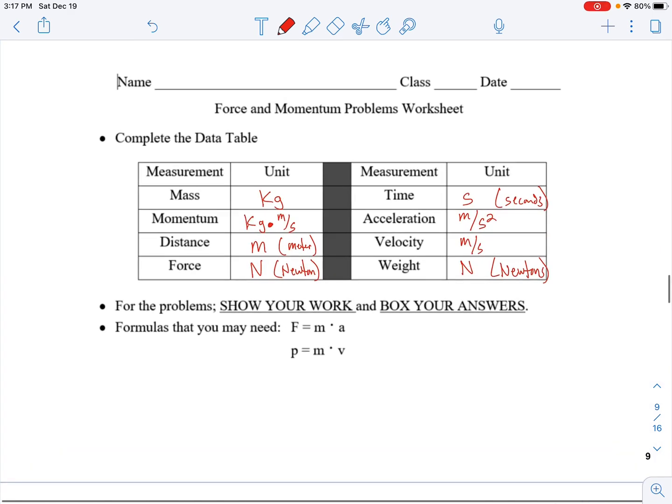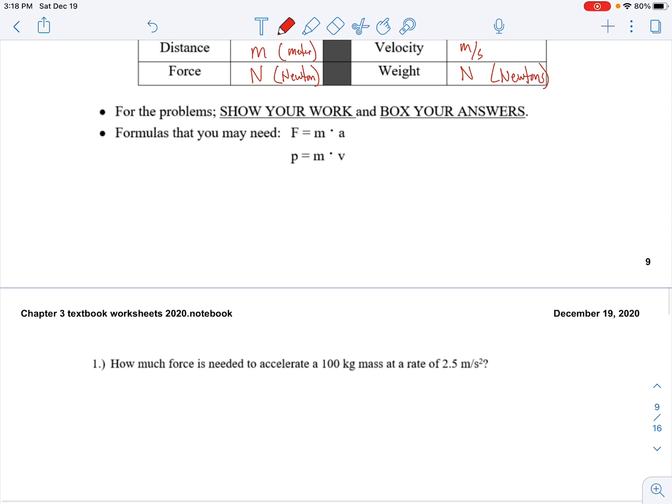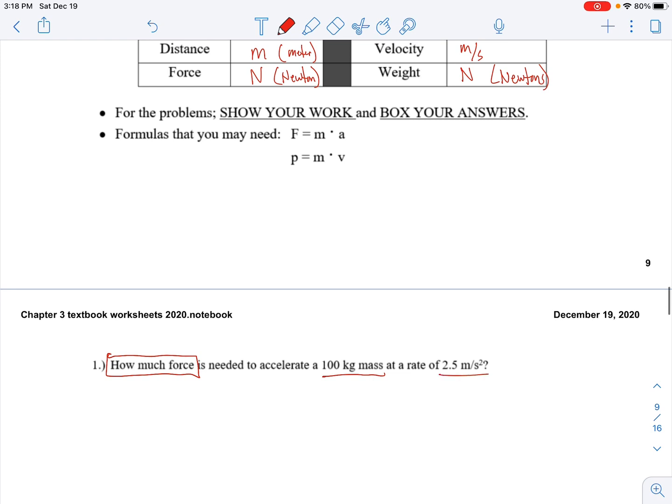Okay, so our first problem here says, how much force, so here's our question, is needed to accelerate a 10 kilogram mass at a rate of 2.5 meters per second squared. Okay, so the first thing I'm going to do is kind of write down my parts here. So force is the thing I'm looking for.